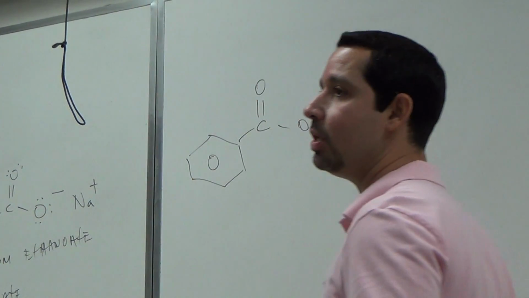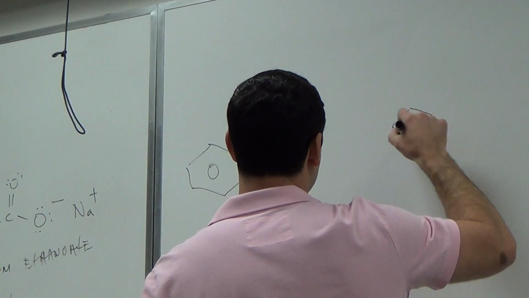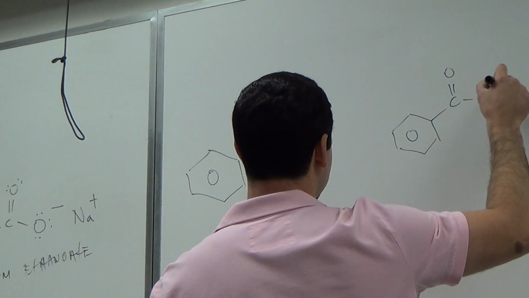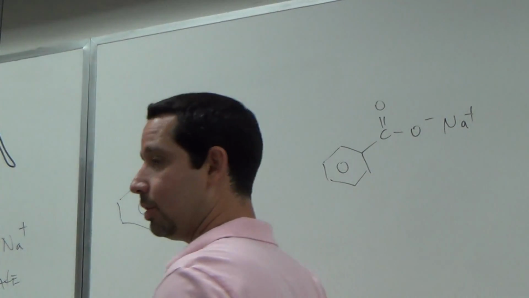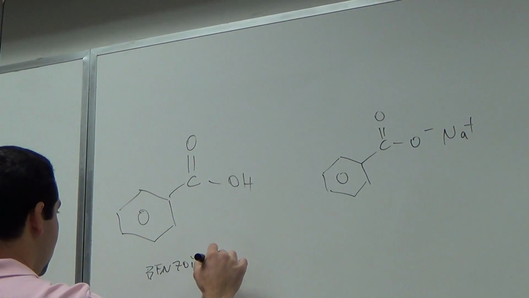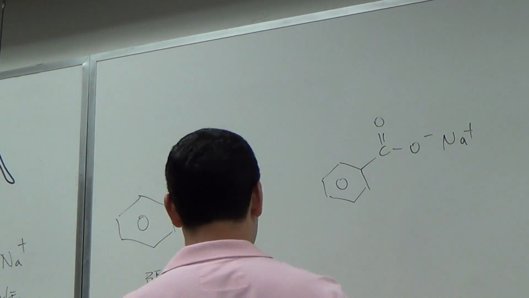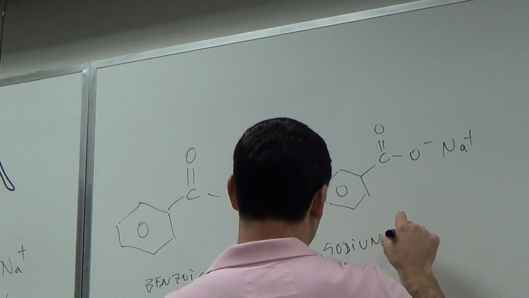I want you to give me the common name. The common name of this is benzoic acid, yes? At the end, it ends in oic acid, anyway. And this is sodium benzoate.